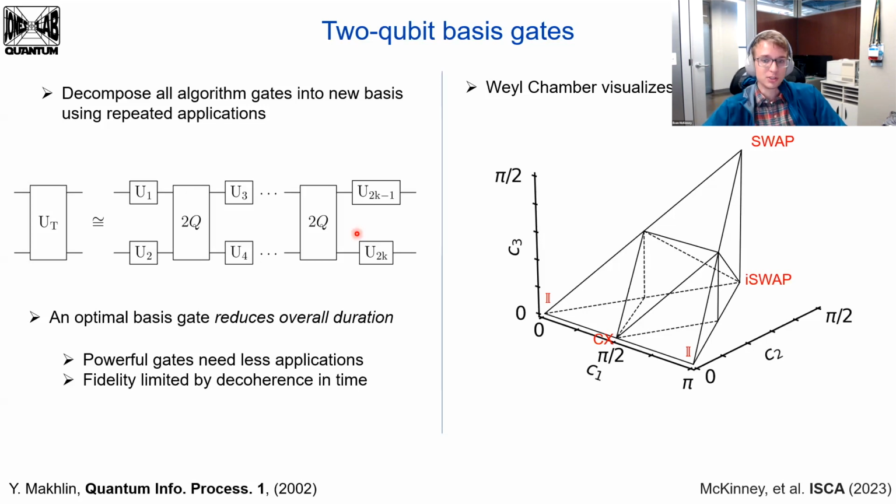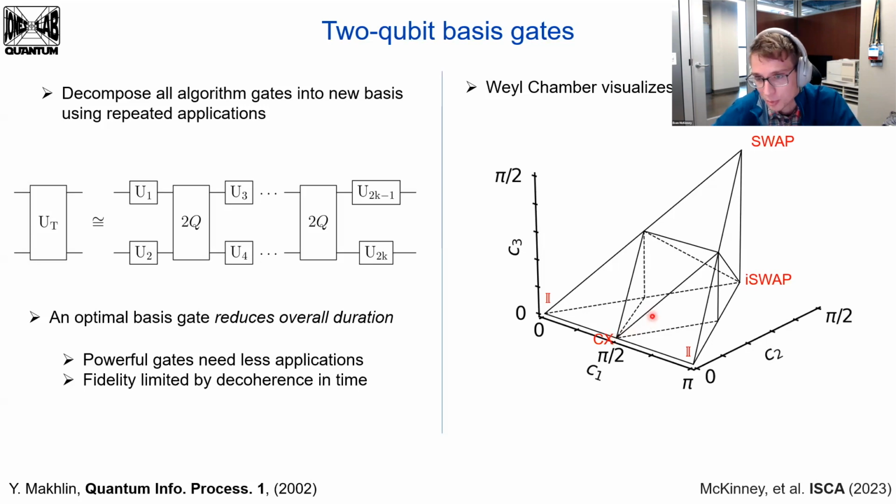Each coordinate is the local invariance of a gate, which means practically the single-qubit gates before and after the 2-qubit gate are taken away when we create the coordinate of a gate. So for example, you might know the CZ and the CX gate differ by Hadamard gates, and so both CZ and CX map to this coordinate here. This is very useful, and you're going to see this picture appear in most of the other slides of this talk. I use it constantly in my research because it's very helpful for visualizing what gates are doing and how gates are related to one another.